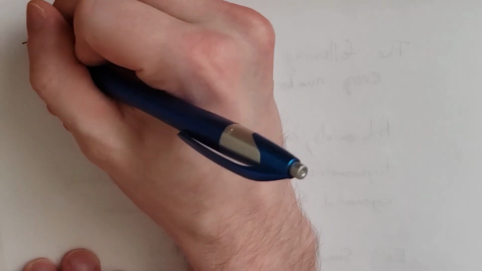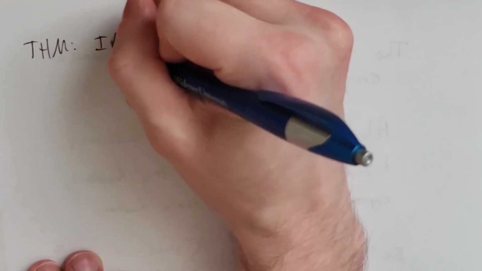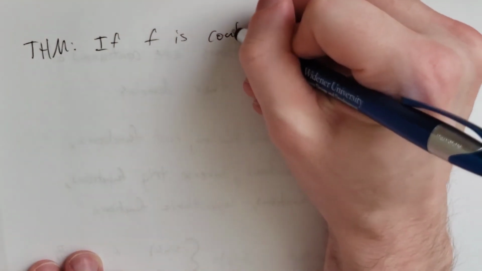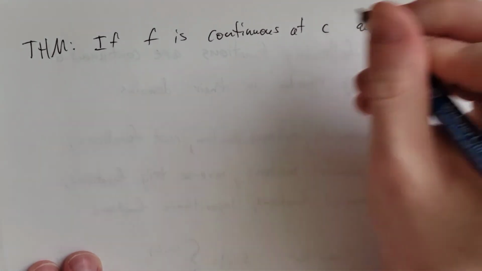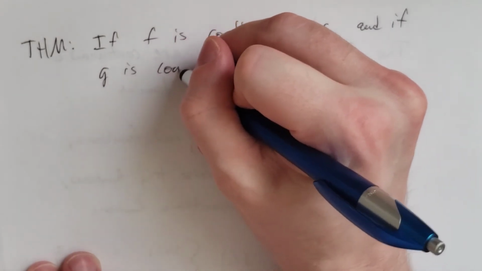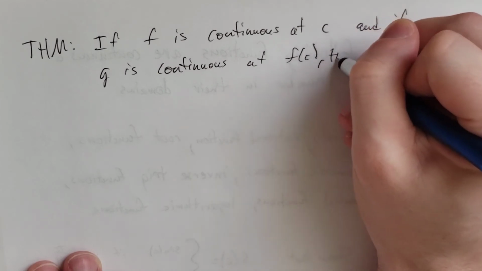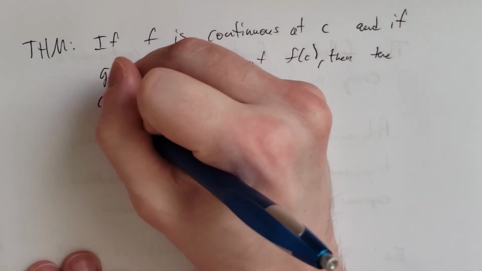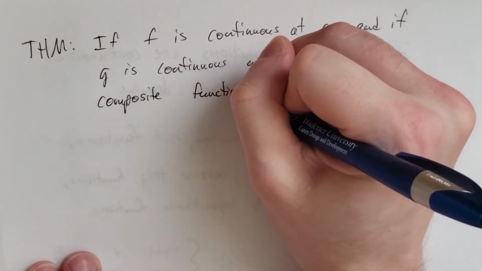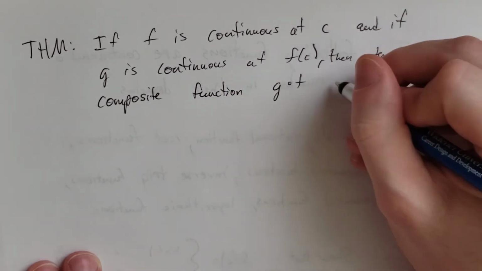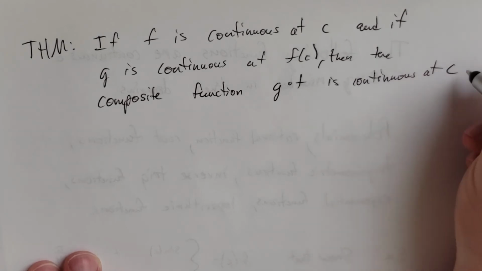In particular, there are two quick statements here. The theorem is that if f is continuous at c, and if g is continuous at f of c, then the composite function g compose f is continuous at c.